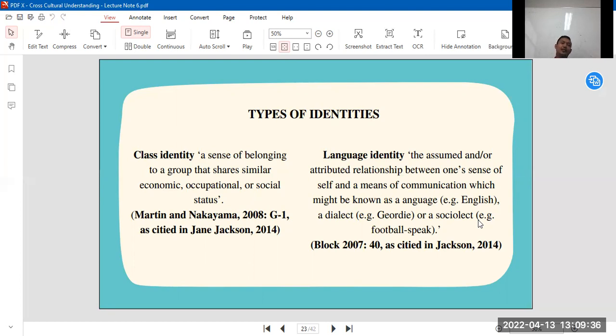Our class status or economic position in society is often reflected in the language we use and the way we communicate, both verbally and non-verbally. Let's say, the vocabulary and dialect that we use may be linked to our level of education and status.